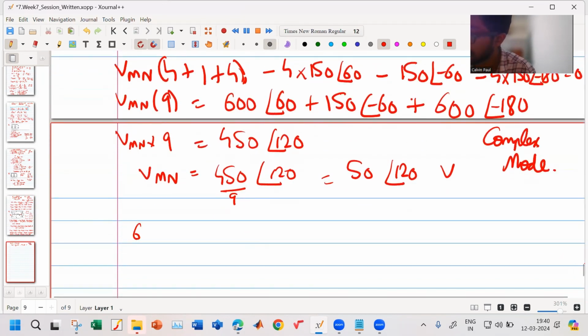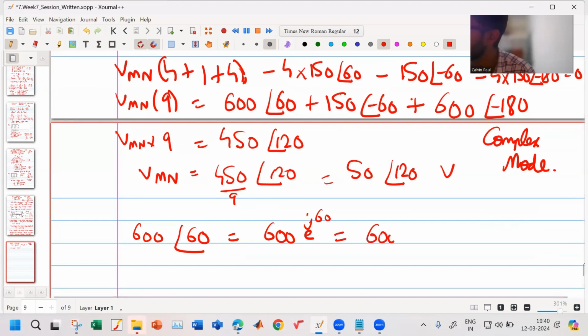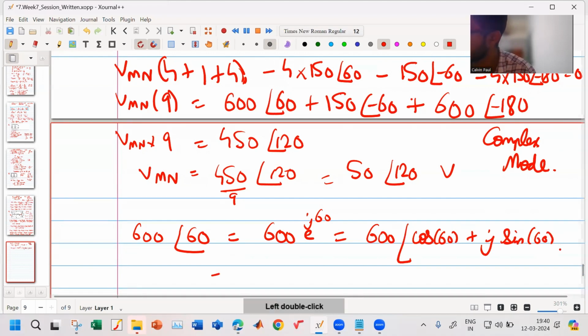Your 600 angle 60 is actually 600 into e raised to j60. So that is equal to 600 into cos 60 plus j sine 60. What is 600 cos 60?